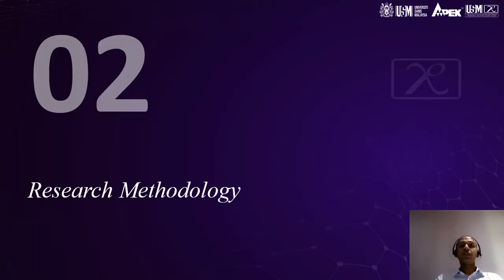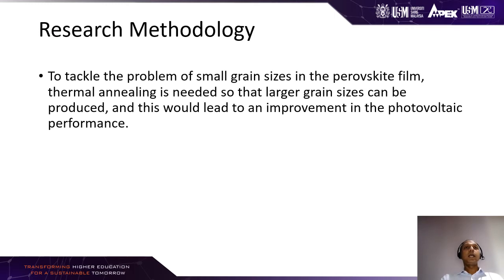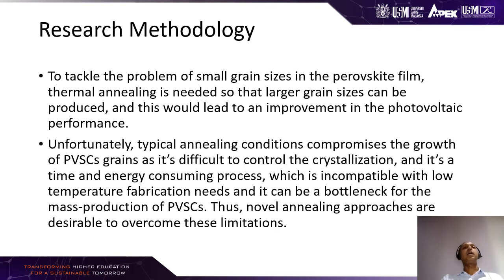Now, moving on to the research methodology. To tackle the problem of small grain sizes in the perovskite film, thermal annealing is needed so that larger grain sizes can be produced, and this would lead to an improvement in the photovoltaic performance.